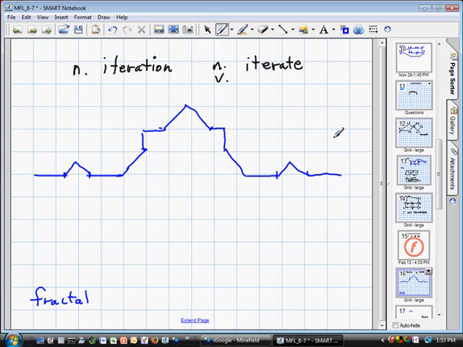Do it again. So, now this gets kind of hard to do, especially with the tools I've got, but we're going to try it anyway. Okay, divide each part into 3.